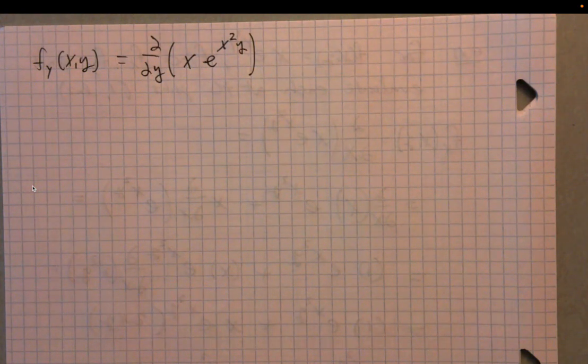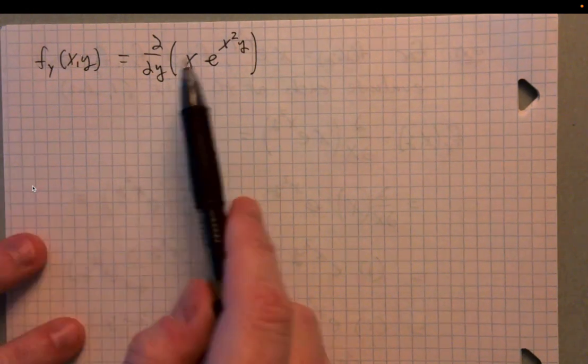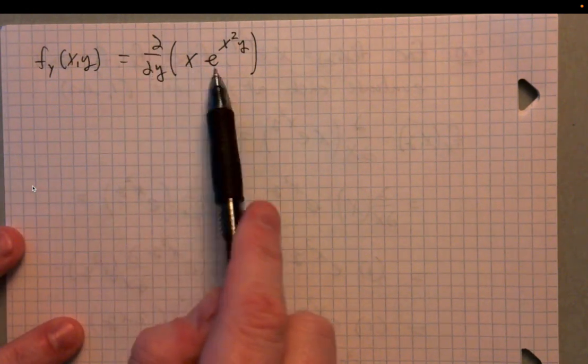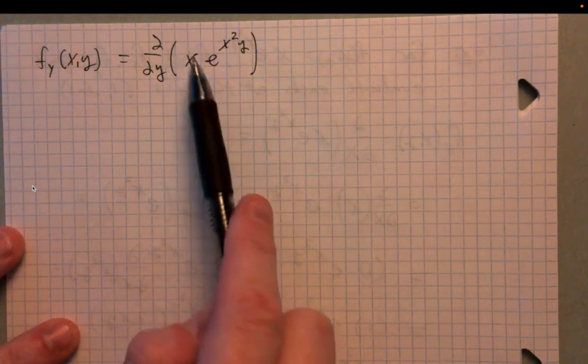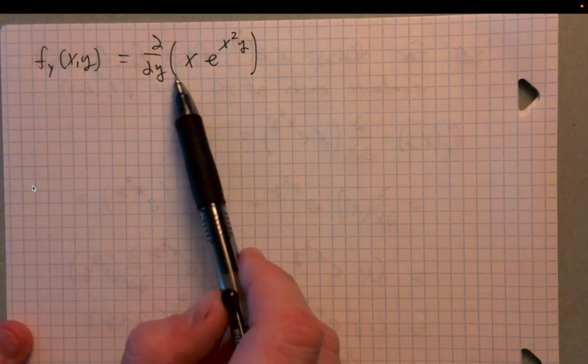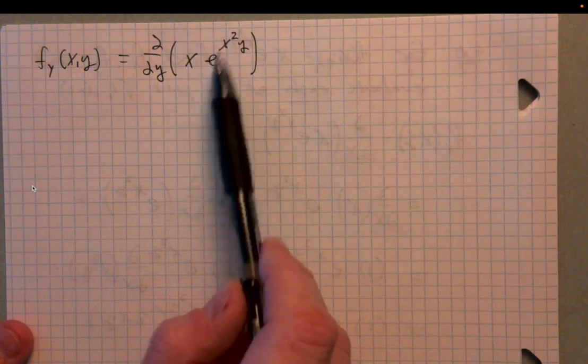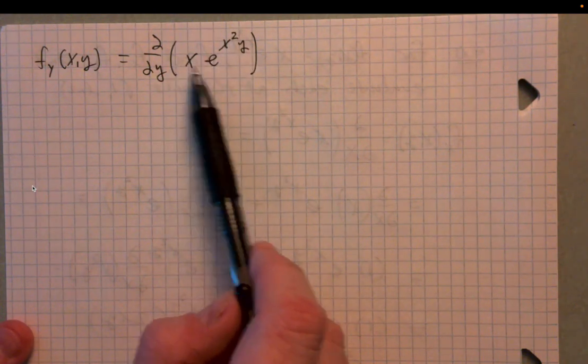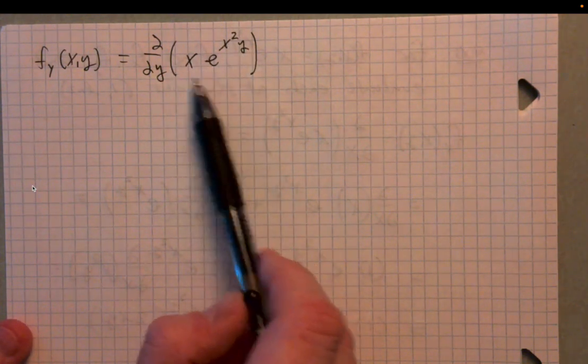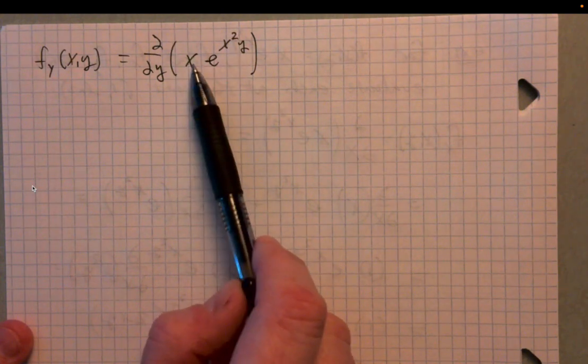Now, when we differentiate with respect to y, things are different, right? Because in the case of the partial derivative with respect to y, x is just a constant. So you could think of this as 2 times e^(x²y), or 10 times e^(x²y). You don't have to use the product rule if this is the number 10, right?